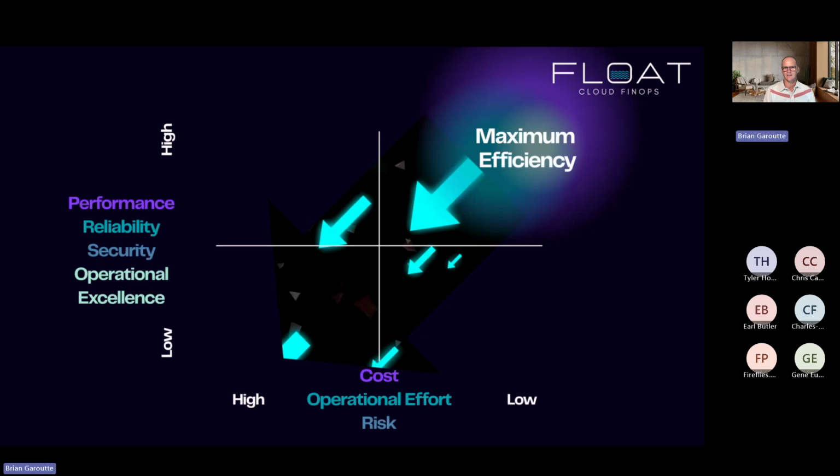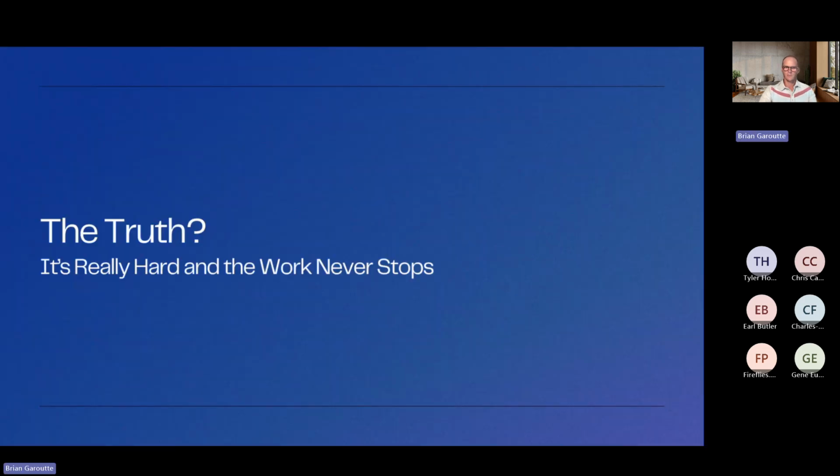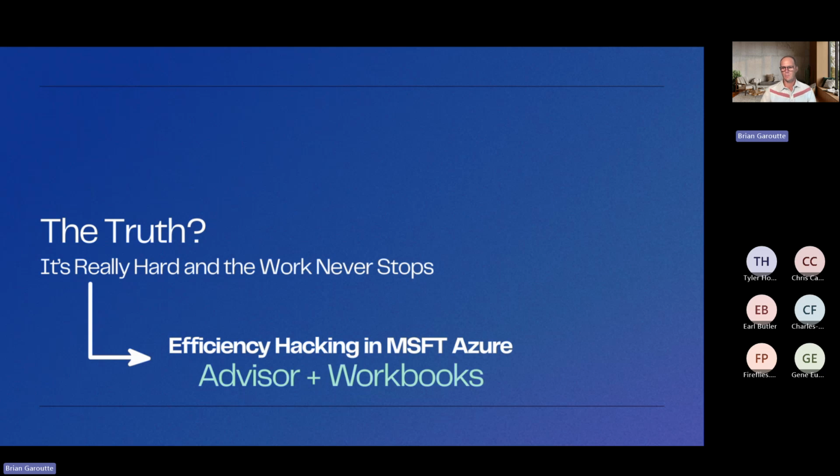We want to establish the highest performance, reliability, security, and operational excellence at the lowest possible cost, operational effort, and risk. The truth, like we stated before, is that the work is really hard and it never stops. So the goal is to put proactive measures in place, leveraging where we can the native tool sets that Microsoft offers to help us maintain that position up and to the right.